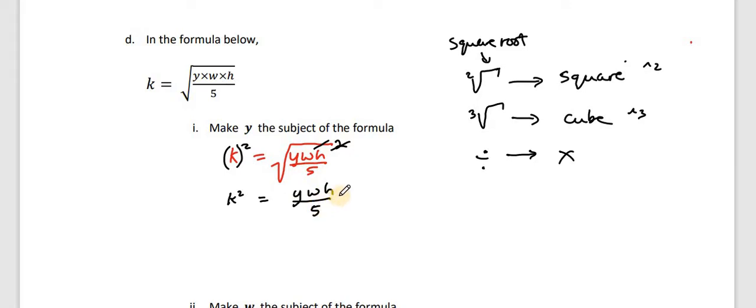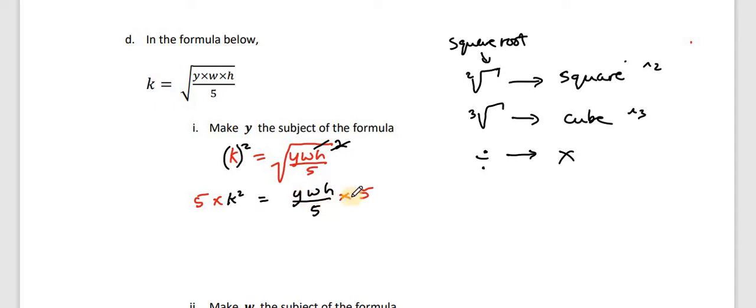So to get rid of this, I'm going to multiply everything by 5. And we do that to both sides. Notice it doesn't matter which side you multiply by 5. Whether it's 5 times k squared or k squared times 5, it doesn't matter. It's commutative. Order doesn't matter. But the idea is, I got rid of this 5 by multiplying by 5, because this 5 is actually dividing everything.